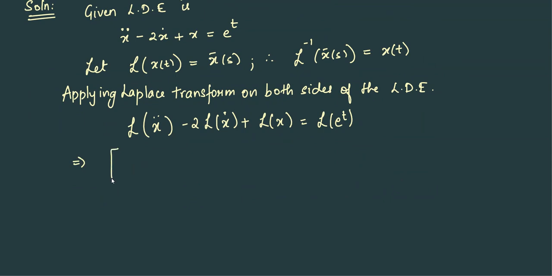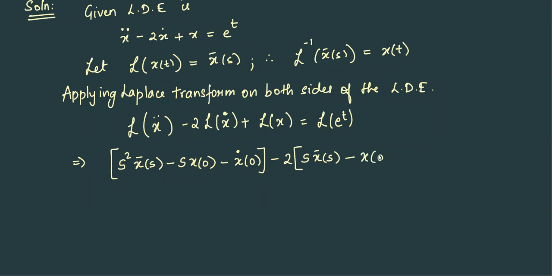So what we get is s^2 times x bar of s, Laplace transform of the derivative, minus s times the function at 0, minus 1 times the first derivative at 0, plus -2 times s into x bar of s minus 1 times x at 0, plus the Laplace transform of x is x bar of s.